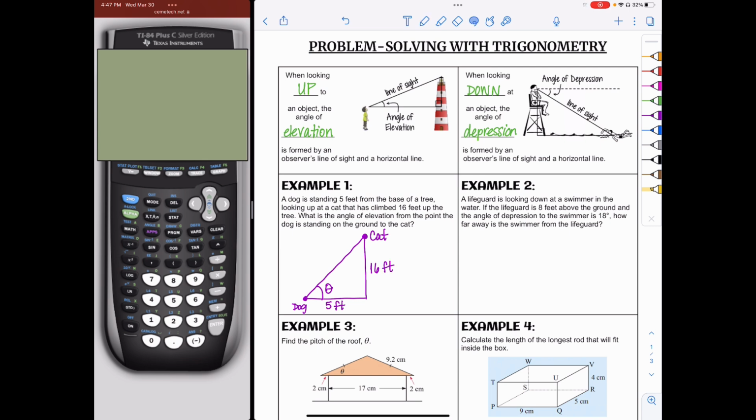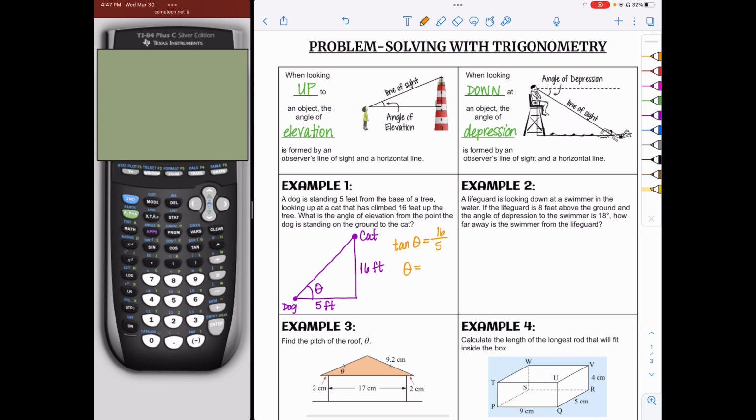So now we have enough to apply trigonometry, sine, cosine, and tangent. The pieces that we are given here in relation to that angle are the opposite and the adjacent, so we can use tangent. Here we're going to say the tangent of that angle is equal to the opposite, which is 16, over 5. And then we will need to do the inverse.